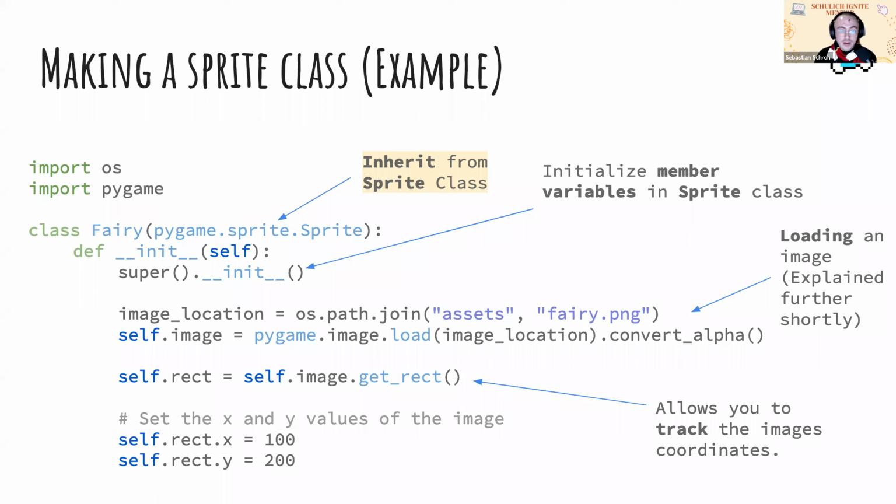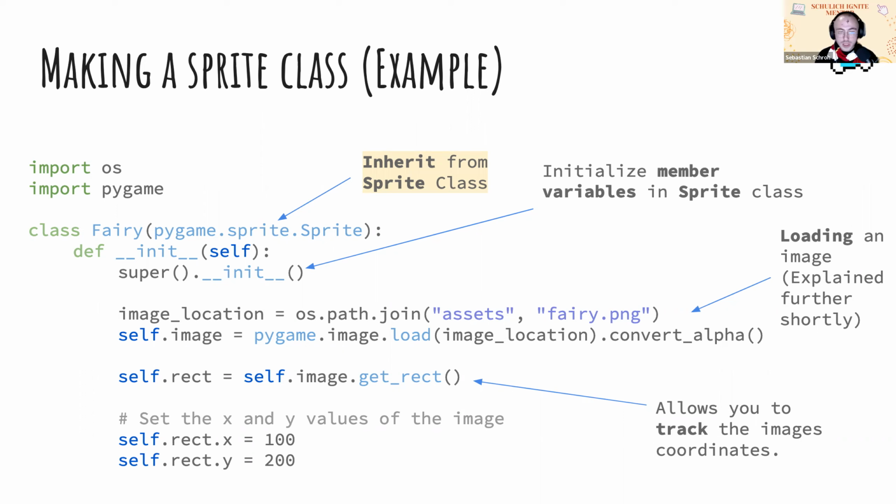Below that, you can see we're getting the image location from os.path.join on the strings assets and fairy.png. I'll explain that a little bit later, but basically what that's doing is getting the fairy image from an assets directory in your file structure.